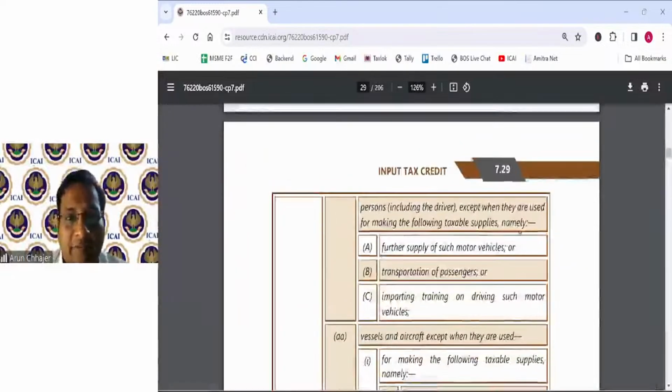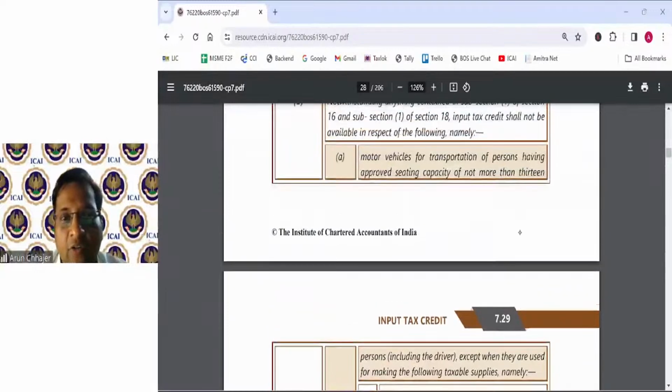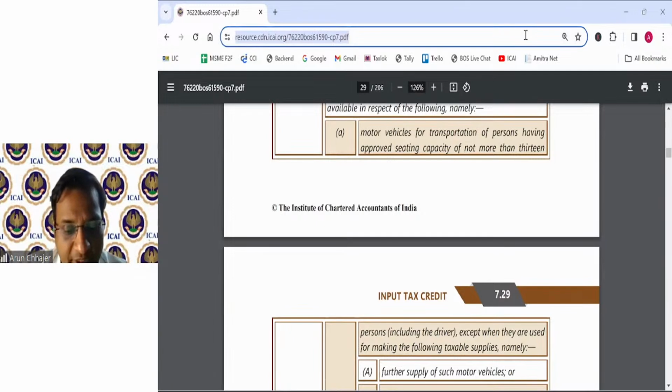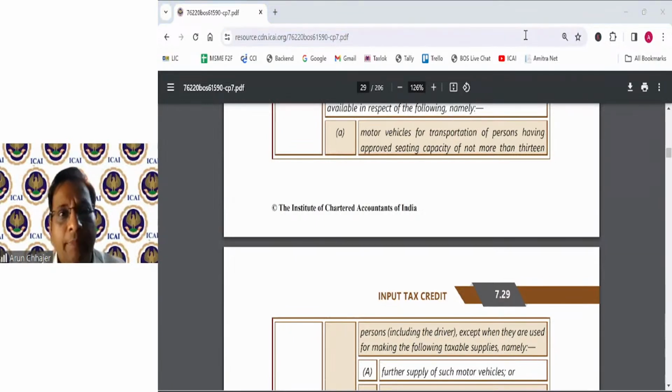Tell me when the ITC of motor vehicle would be allowed. Tell me all the permutations and combinations wherein the ITC on motor vehicle would be allowed.